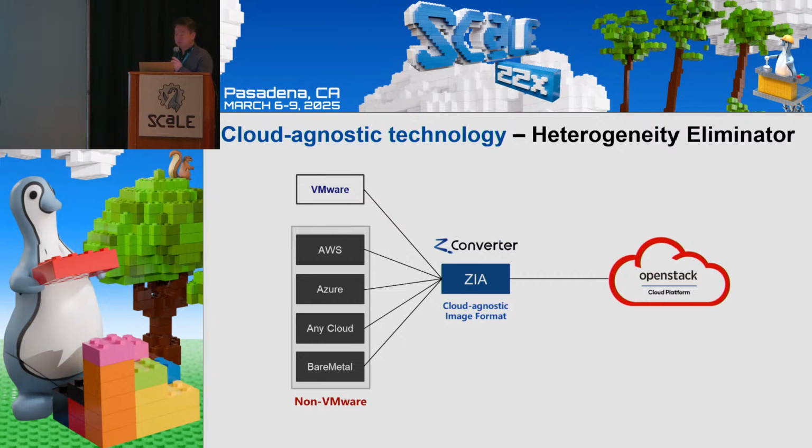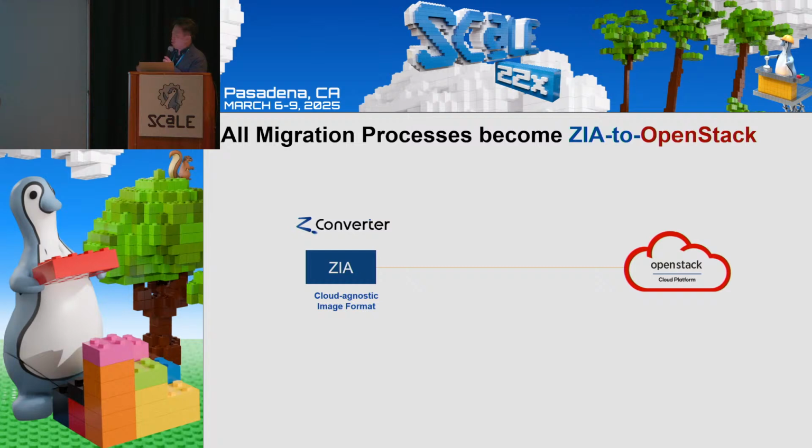As the first step of migration, VMware's VMDK is backed up in GR format. Non-VMware workloads, such as AWS, Azure, or bare metal machines, are also backed up in GR format. So all migration processes become GR to OpenStack.